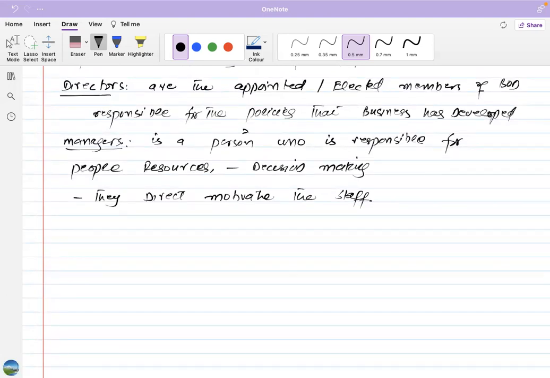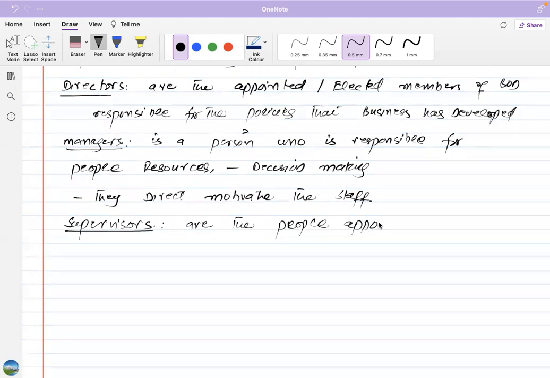Then we have another leadership or management position in the business that is called supervisors. Supervisors are the people who are appointed by the managers to watch the workers.